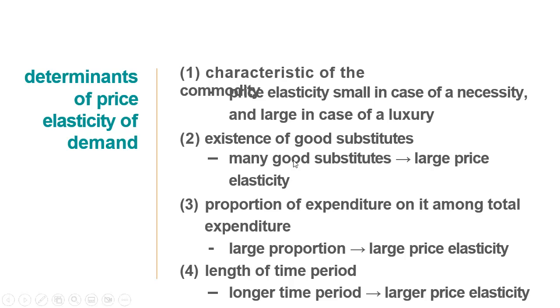When we have many good substitutes, that means we have large price elasticity. Third, proportion of expenditure on it among total expenditure. When a large proportion of income is spent on this good, we have a large price elasticity. And about time period, when we have a long time period, that makes price elasticity larger.